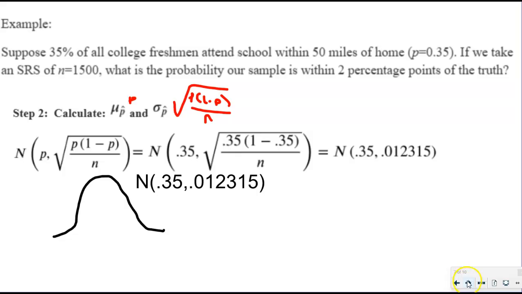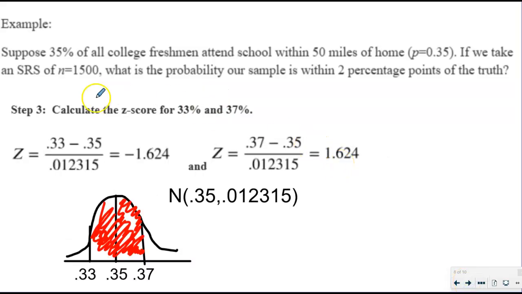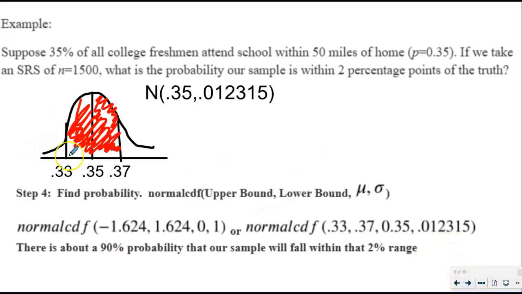Next, we want to calculate the z-scores for these specific percentages. We're doing 2% on either side. We got negative 1.624 on one side, and positive 1.624 on the other. Based on those z-scores, we can find the probability, and we can do that a couple of ways. We can use Table A, or we can use normal CDF.